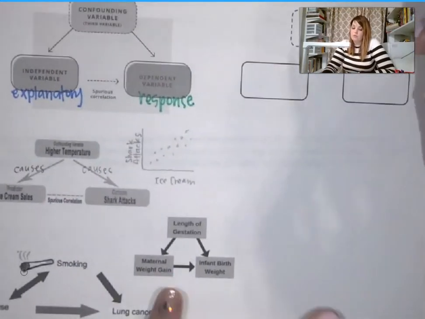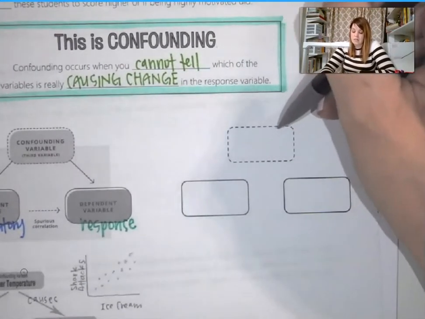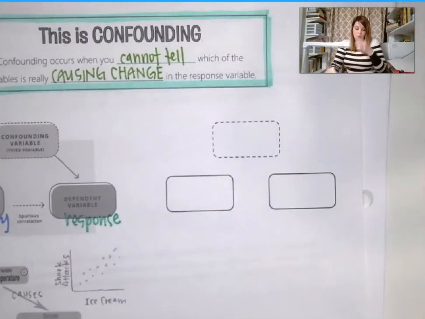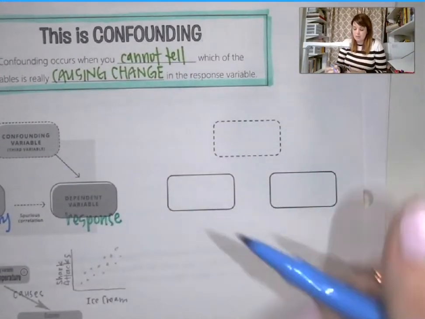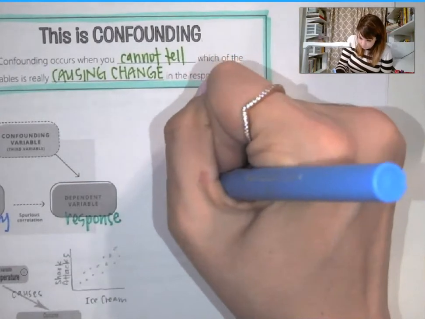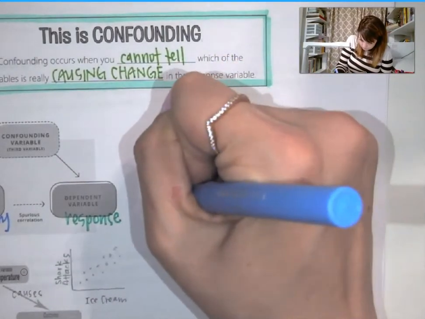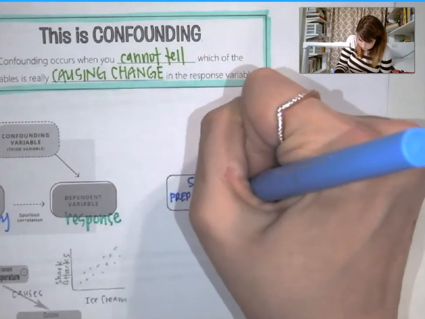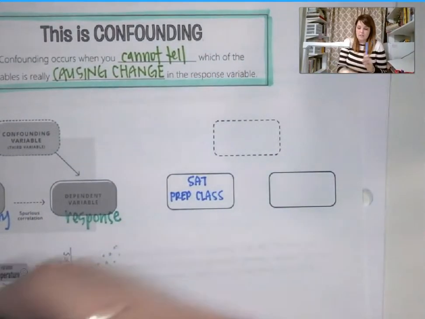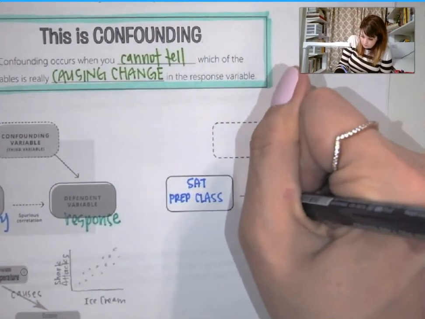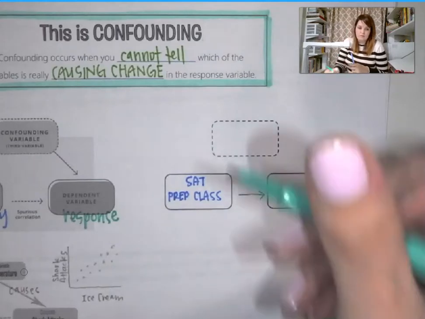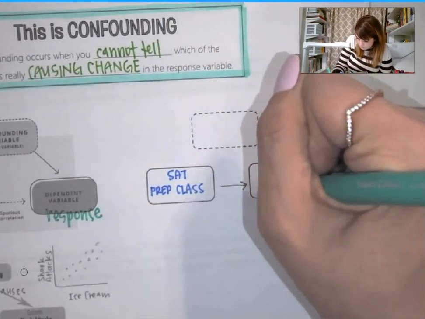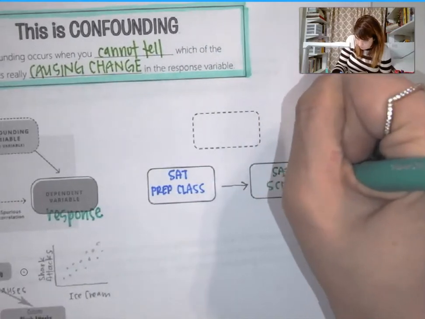So now that we've gone through that, let's talk about this idea in terms of our SAT prep class example. So we think that it's the SAT prep class that causes the higher SAT score.